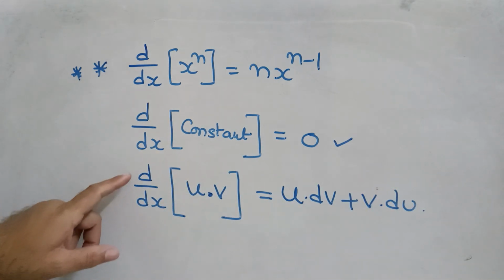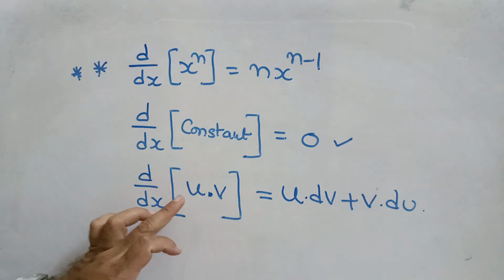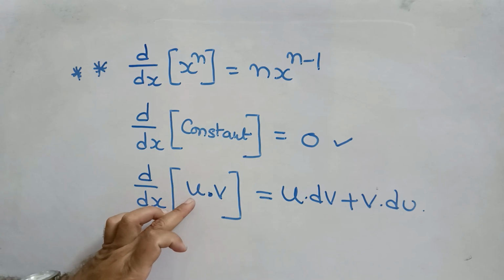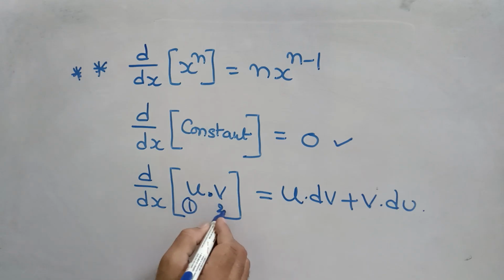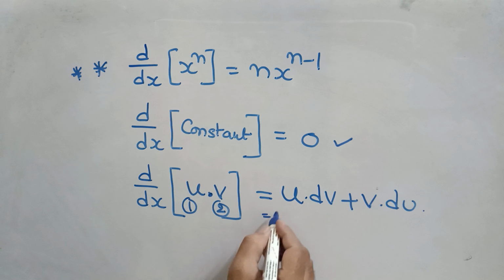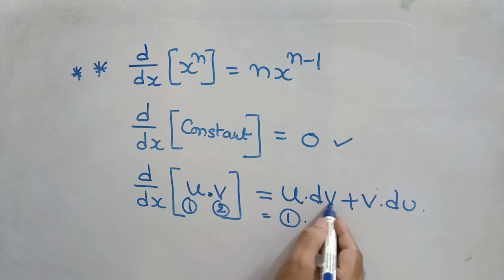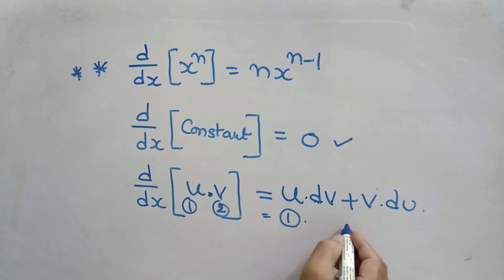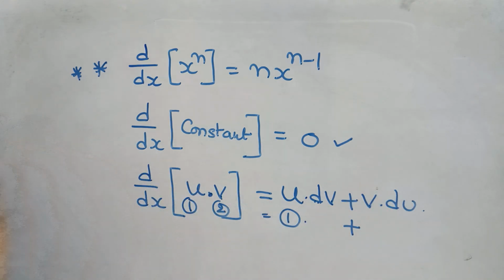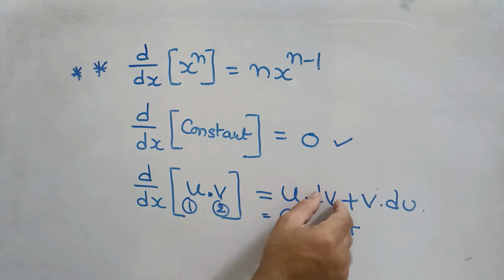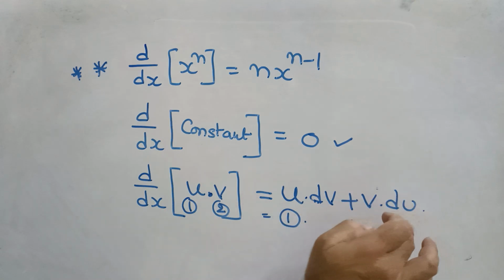So if you expand this, the derivative of u into v is equal to u into dv, nothing but the first function into the derivative of the second function, plus the second function v into the derivative of the first function.